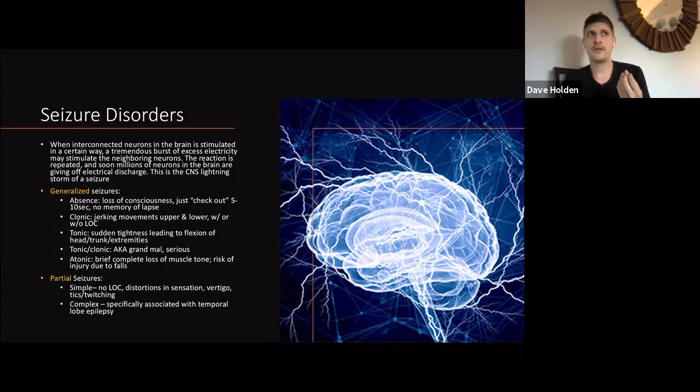So the issue with seizure disorders, right, when all of the neurons in the brain get stimulated in a particular way, they release a nerve impulse. They release a small burst of electricity. This is how neurons work normally. What happens with seizure disorders is that huge groups of neurons all generate a very high frequency burst all at once.